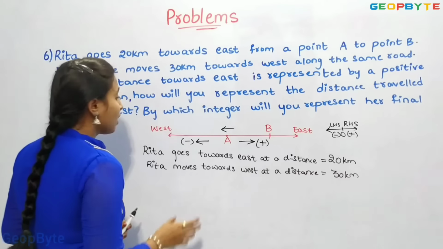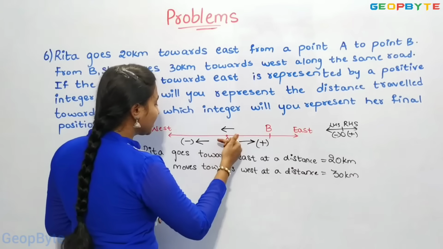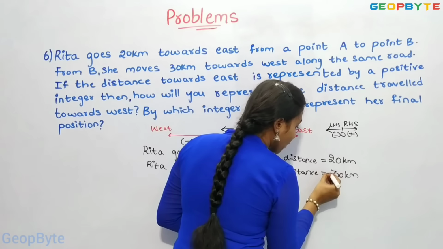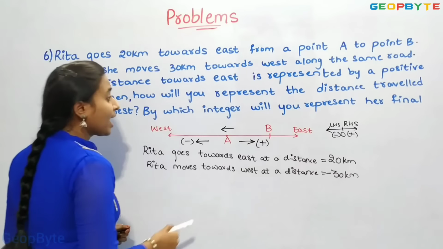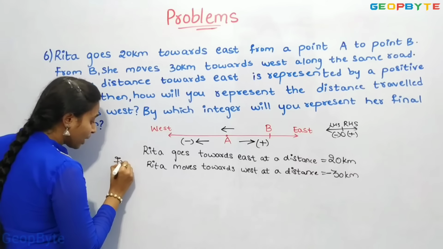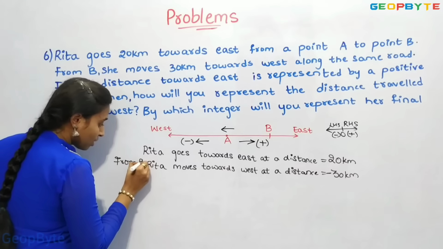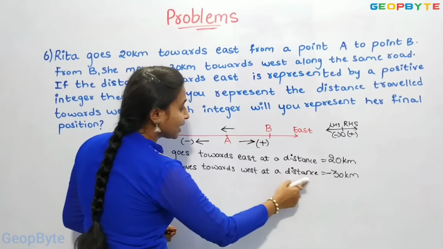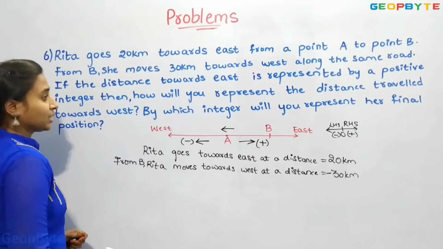If you see, we have written the direction as negative towards west, that is minus 30. And she started from B. From B, Rita moves towards west at a distance minus 30 kilometers.